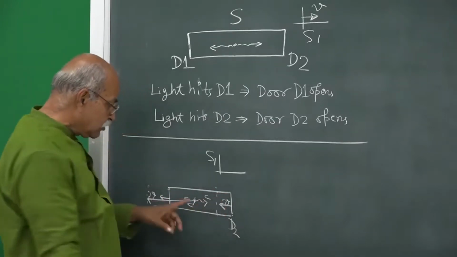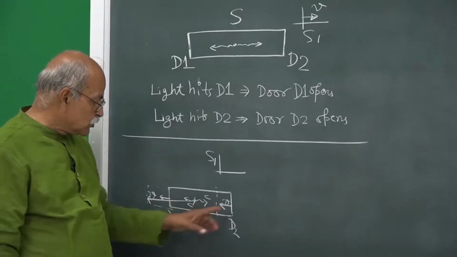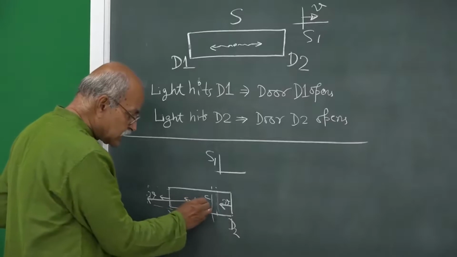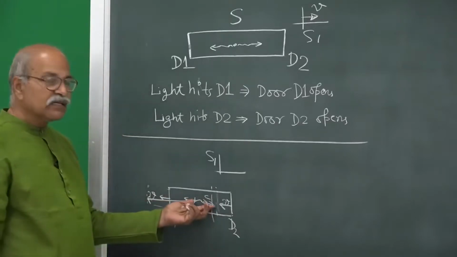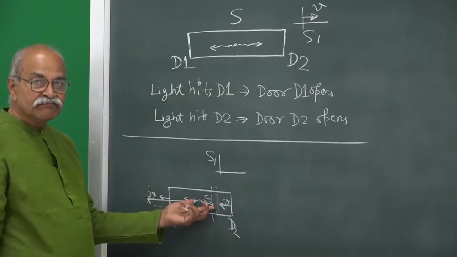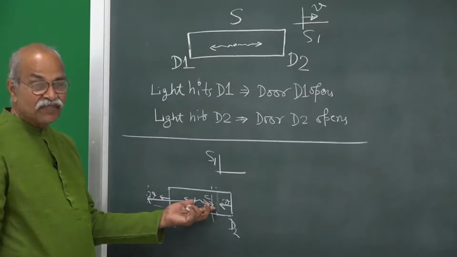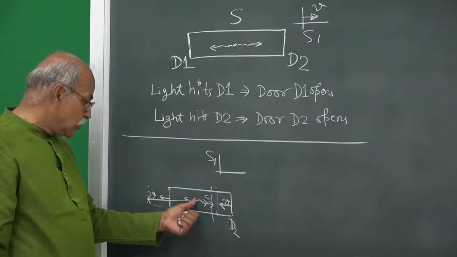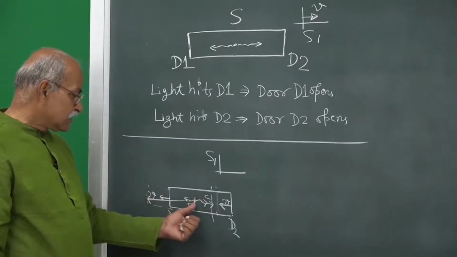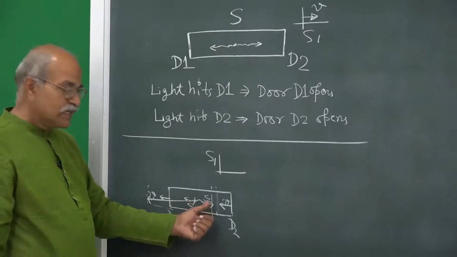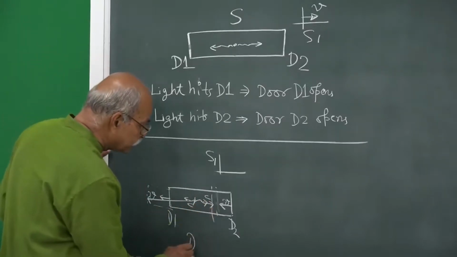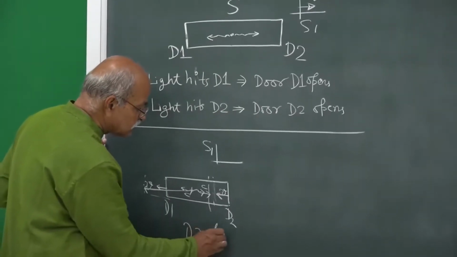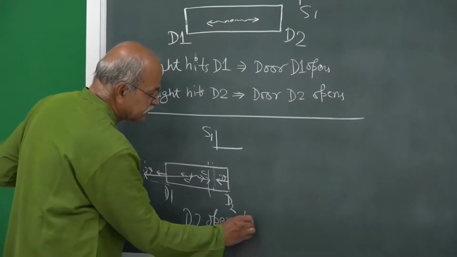So, meeting of this pulse and D2 will be somewhere to the left of this D2, and hence this pulse will travel a smaller distance, but then the speed of this pulse and this pulse is same. So, it has taken longer time and this has taken shorter time, and therefore, this D2 opens before D1.